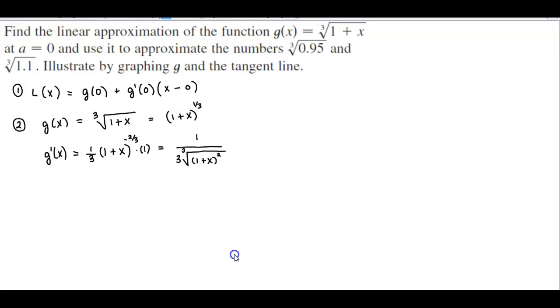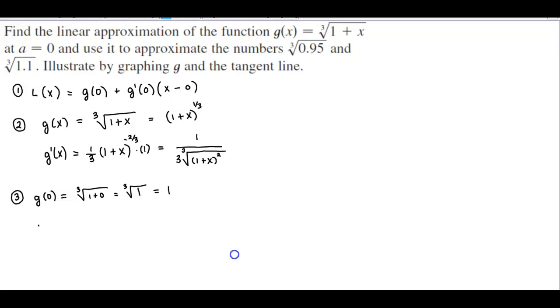So now what we want to do is evaluate g of 0. If we plug in 0, we're going to get the cube root of 1 plus 0, which is the cube root of 1, which is equal to 1.